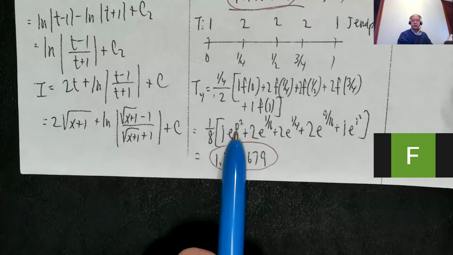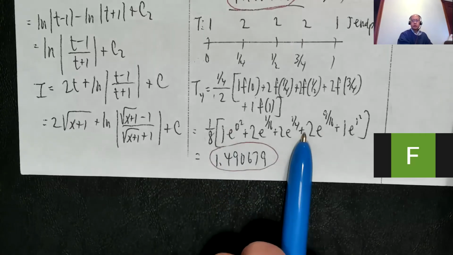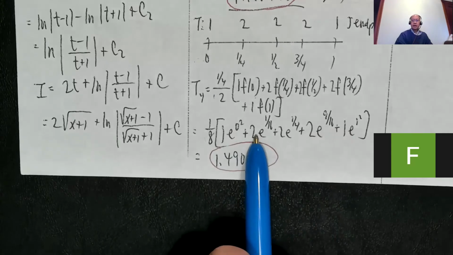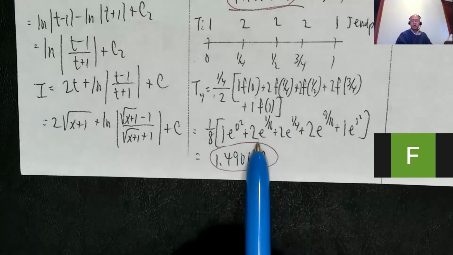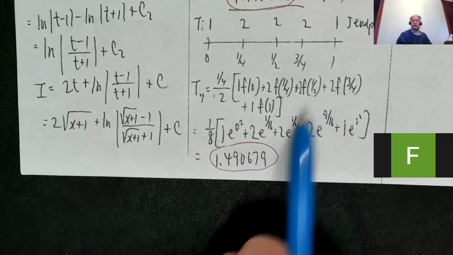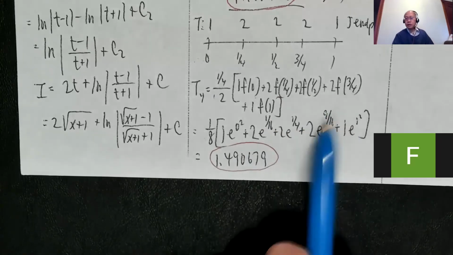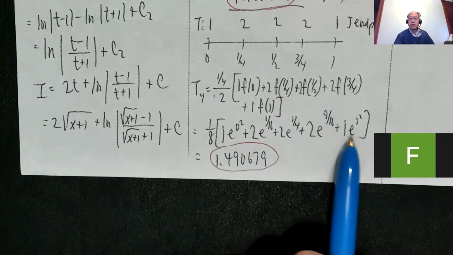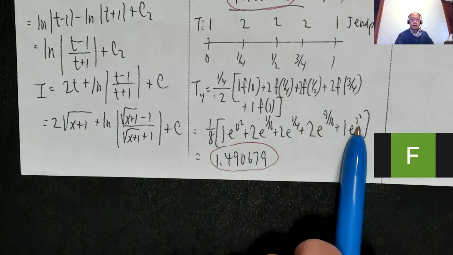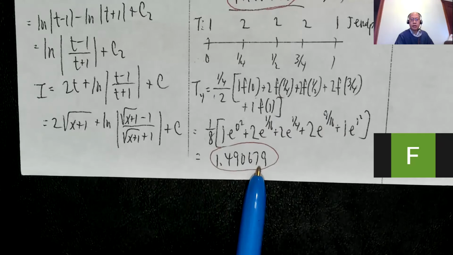So 1 e to the 0 squared plus 2, 2, 2, and then 1. So f of 1/4 is e to the 1/16. 2 e to the 1/2 squared is 1/4. 2 e to the 3/4 squared is 9/16, plus 1 e to the 1 squared. Punch it in your machine, 1.490679.